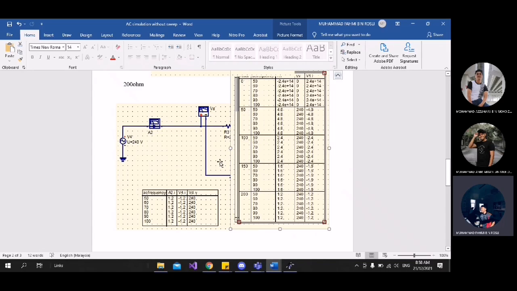With sweep we don't have to change the resistor each time to simulate and get different results.